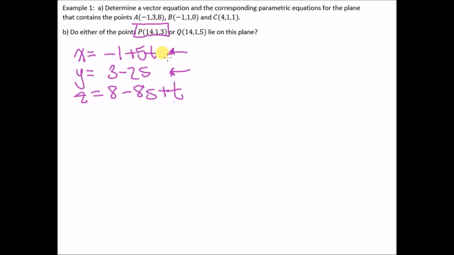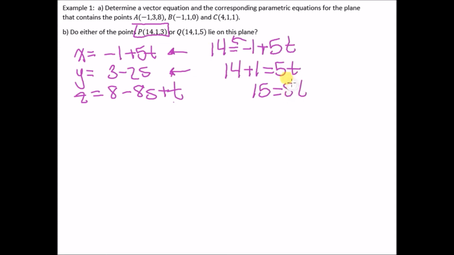So this is going to be very easy to solve for. Let's sub in 14 for x. Bring over that -1. I get 14 plus 1 equals 5t. So 15 equals 5t, and t equals 3.